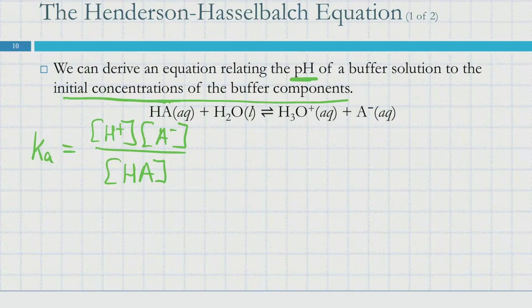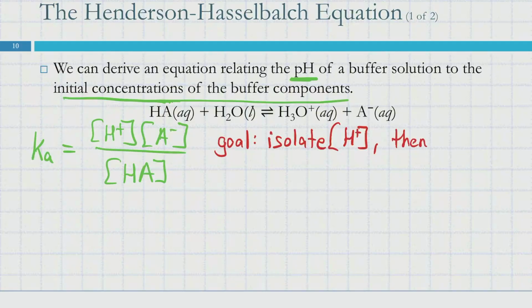So we are trying to isolate our concentration of H+, then negative log both sides, since negative log of H+ will give us pH.